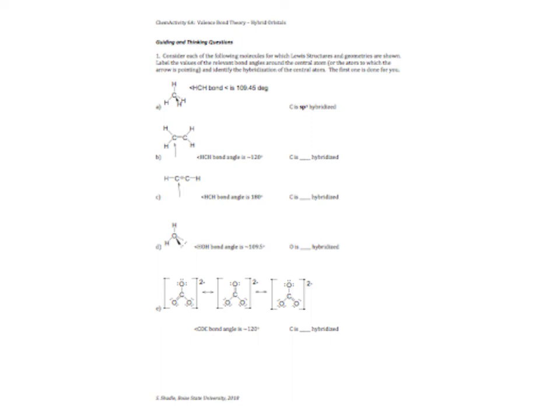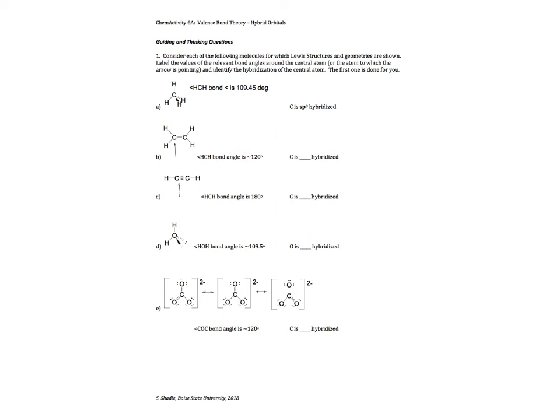So let's just practice applying those ideas. Here is a Lewis structure, and I've drawn it in such a way that we now see that its geometry is tetrahedral. The bond angle is 109.5, and that means that the carbon is going to be sp3 hybridized. If we look at this structure here, this bond angle, the HCH bond angle, is approximately 120.